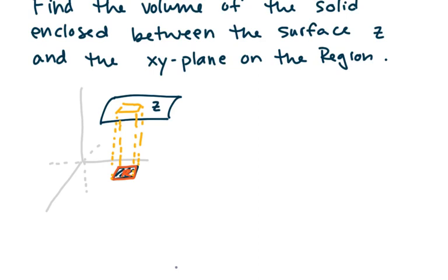So the first thing we do is we take that R and we're going to partition my region R into sub-rectangles.